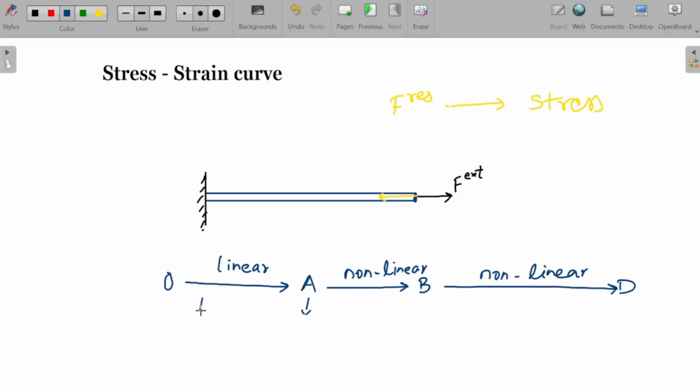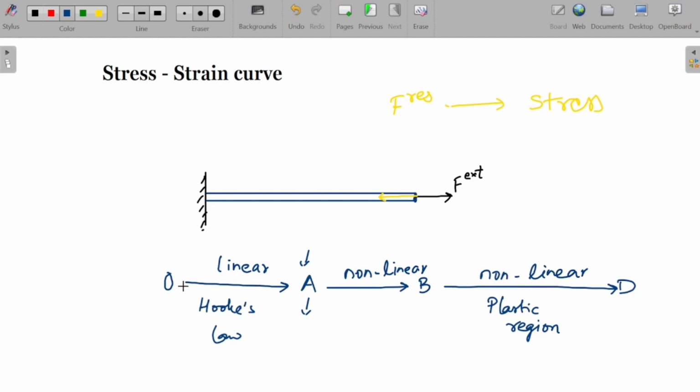So this material obeys Hooke's law only up to A, and this A we call the proportional limit. From B to D, this region is the non-elastic region, the region where the material behaves like plastic.